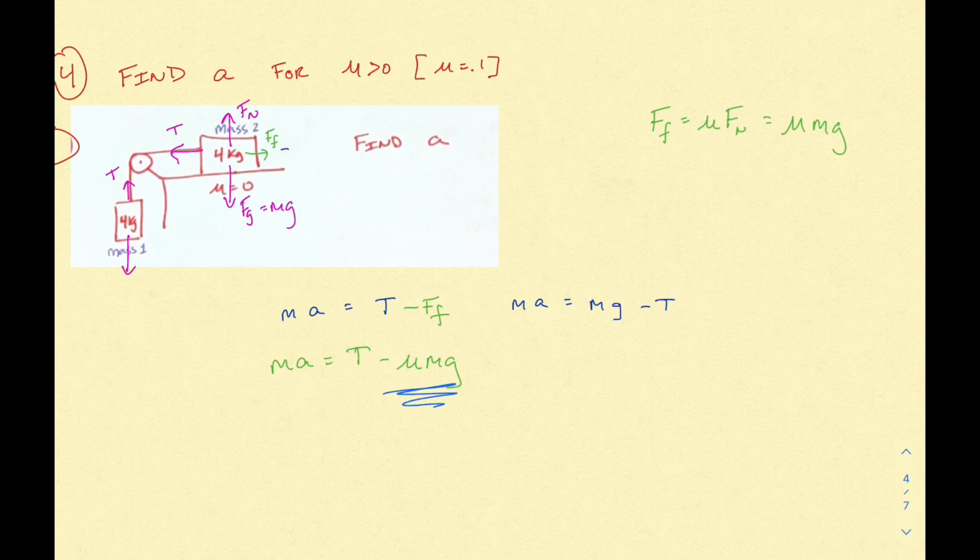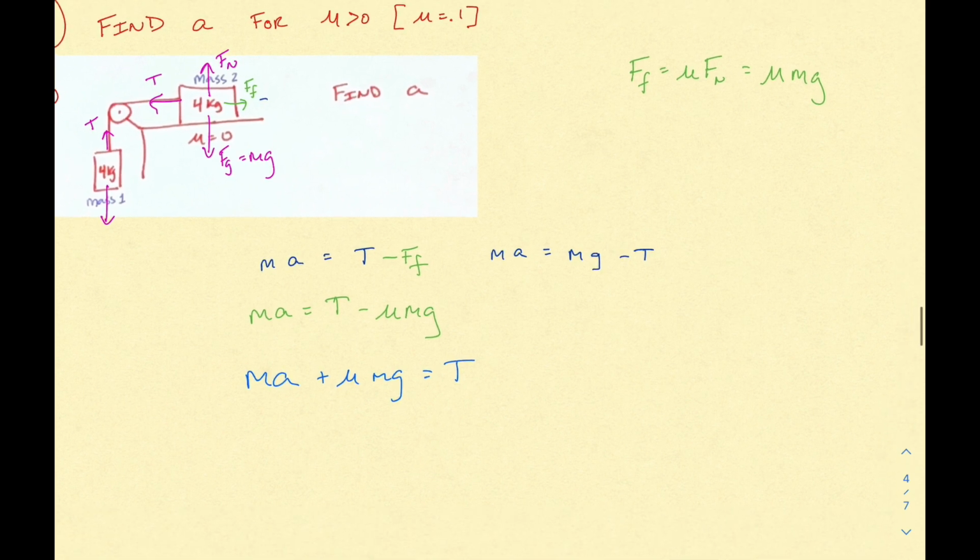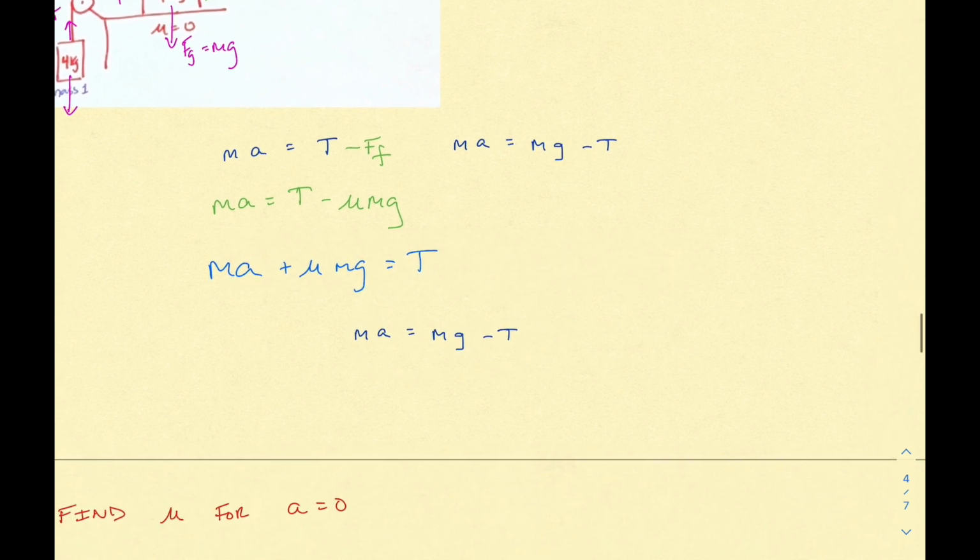I'm going to move this term over to the other side, and that'll have a tension that's solved there, and then I can substitute it in over here. MA plus mu mg is equal to my tension. Okay, now we have these terms right here. Rewriting that down here, I'm going to run out of space, huh?